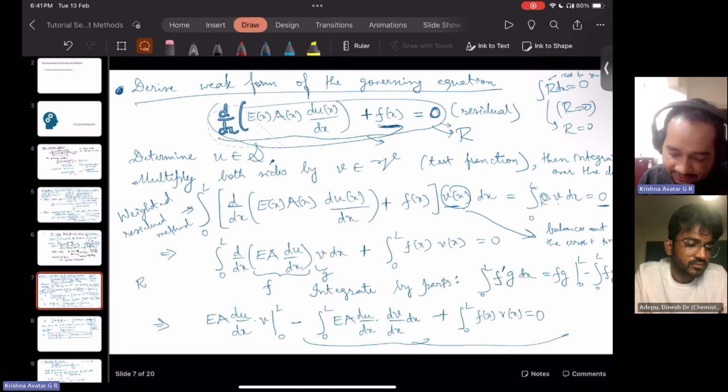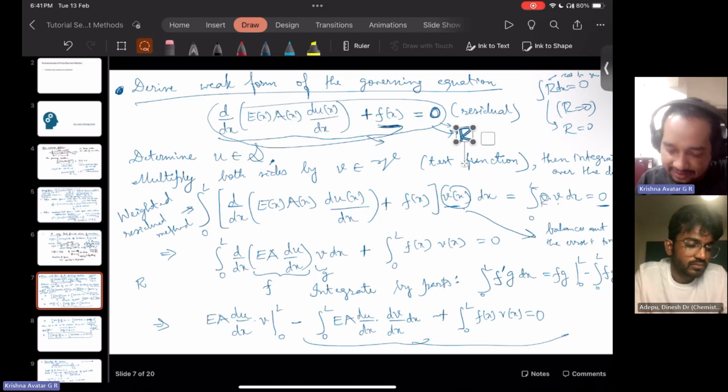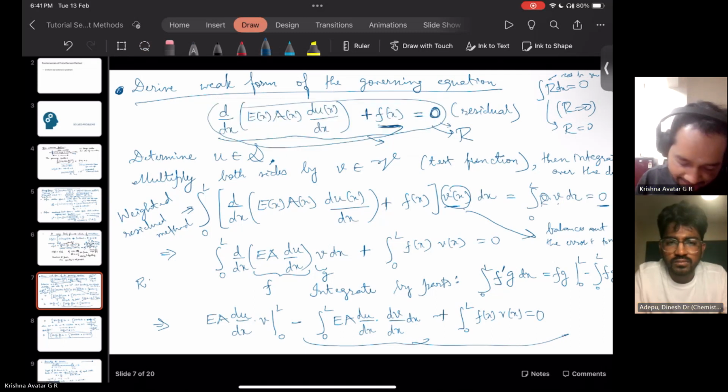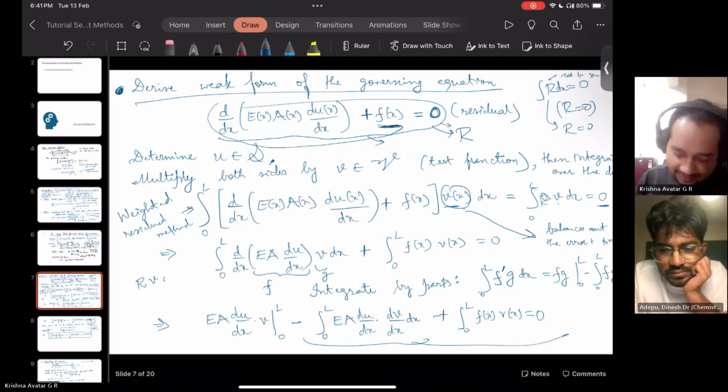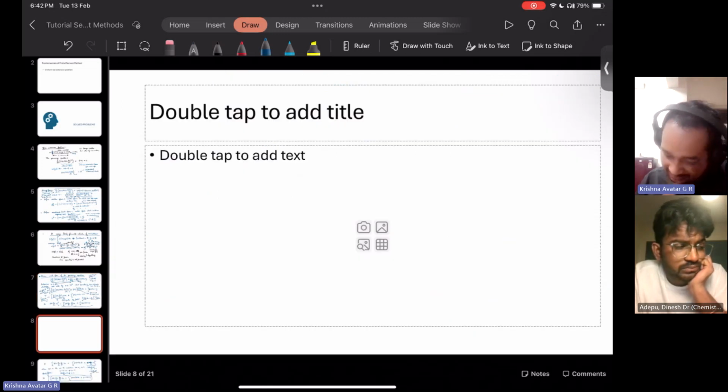This is R actually, because this is balanced to R. So this is our R. Now we want it to balance out to give zero. Let's make some diagram. I think then it will become very clear as to why we are doing this.